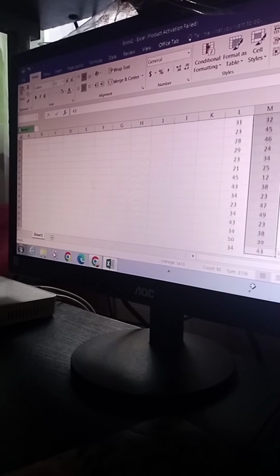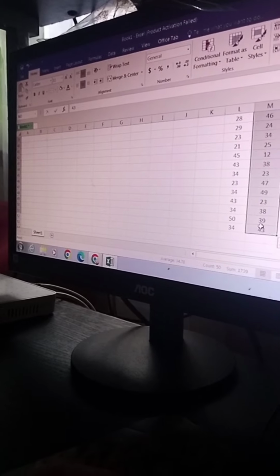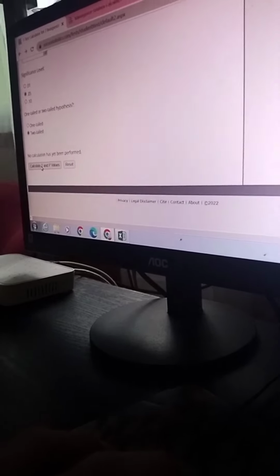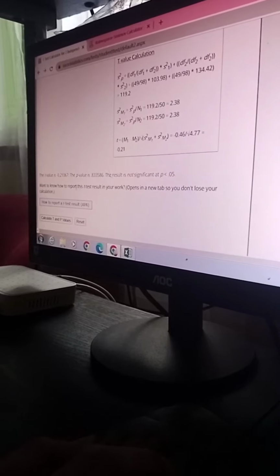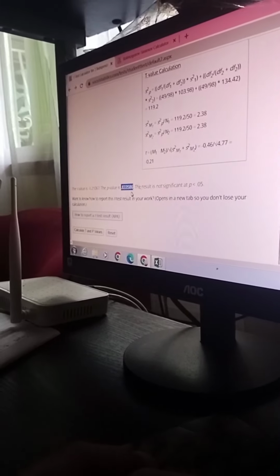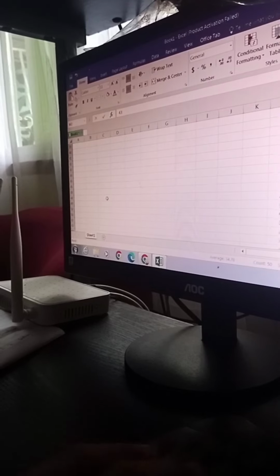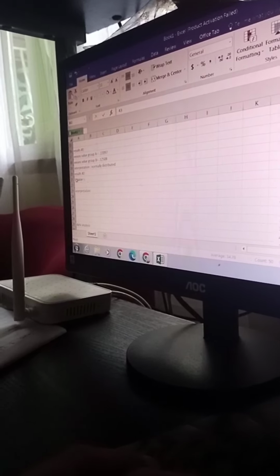We need to copy the data of group A and paste it here, and the data of group B, copy and paste it to the calculator for two independent variables. Two-tailed and 0.05. And this is our result. Copy the result and paste it to our result number 2, the p-value.